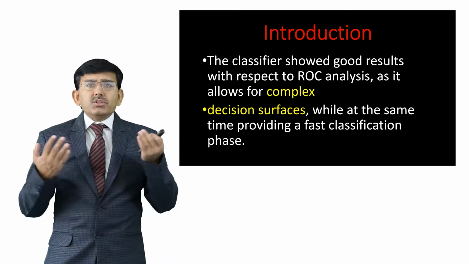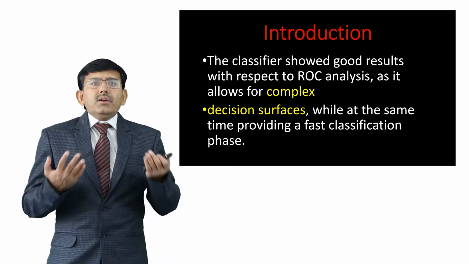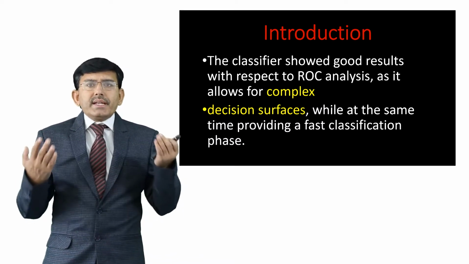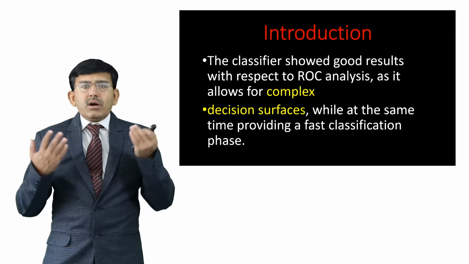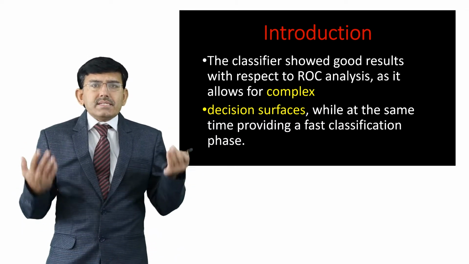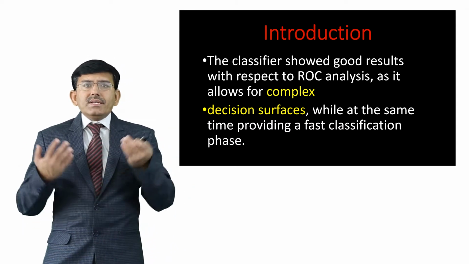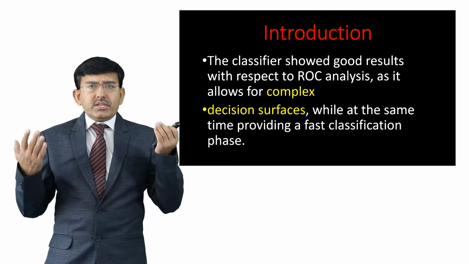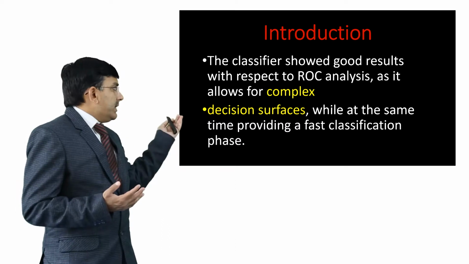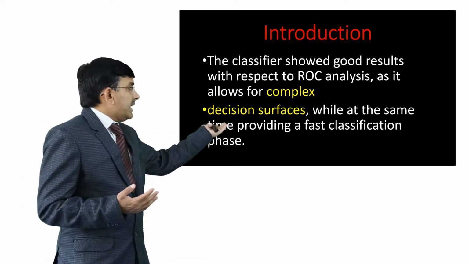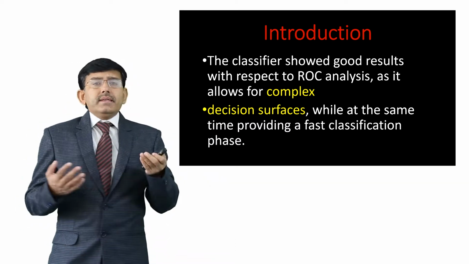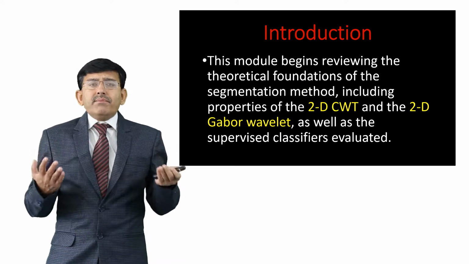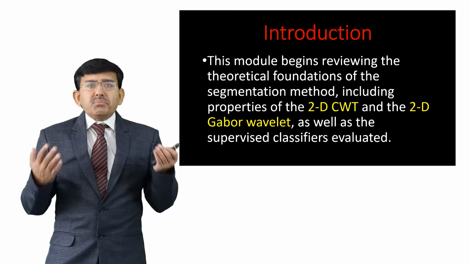The classifier shows good results with respect to ROC analysis as it allows for complex decision surfaces while at the same time providing a fast classification phase. If we reduce certain complexity, ultimately the automated software developed will be sped up.